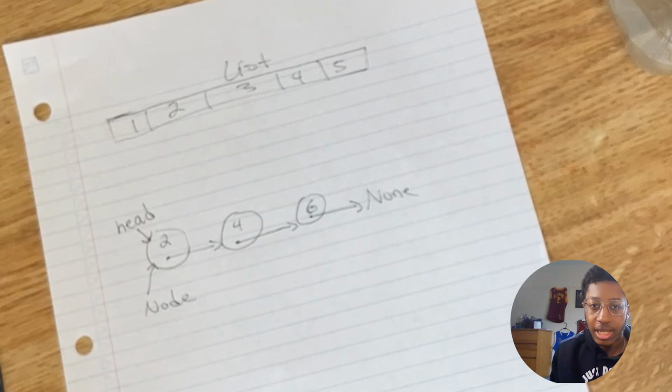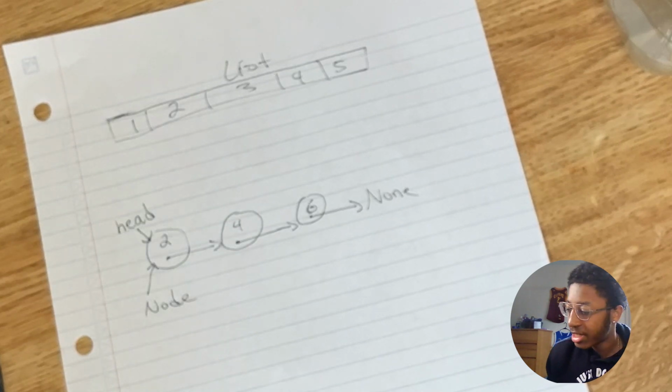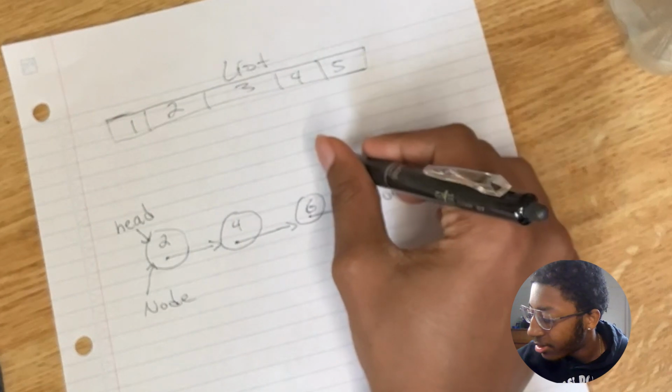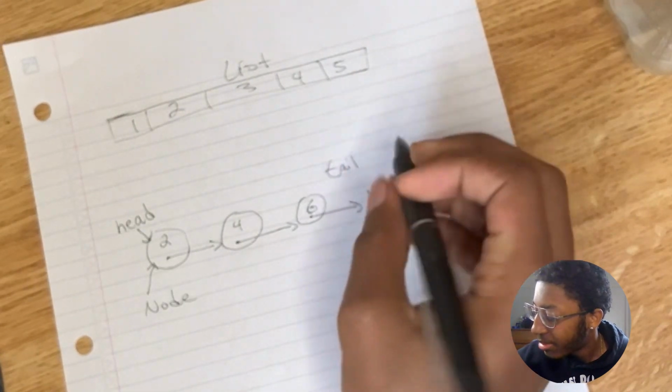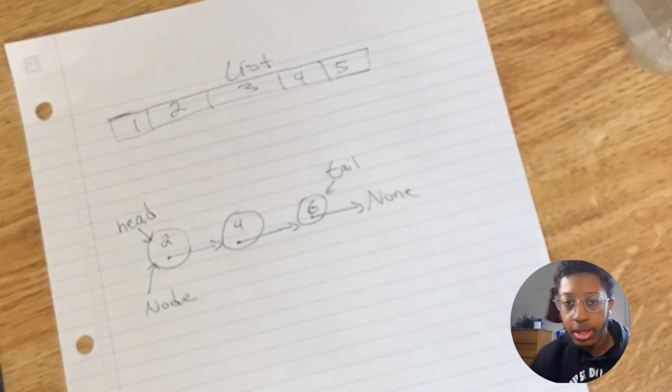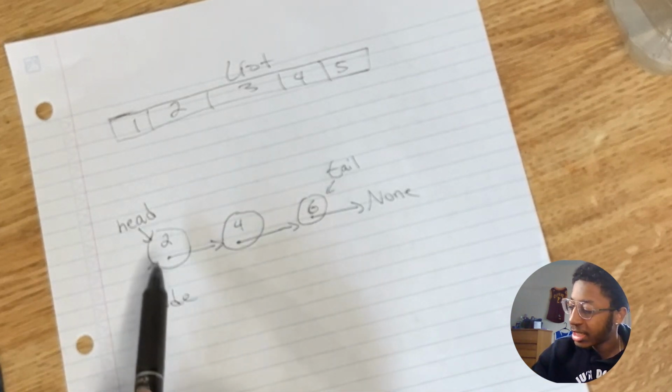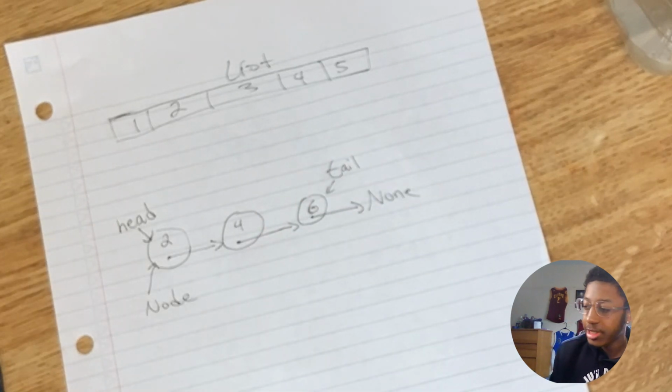So the first element in the list is the head, and this is really to make sure that we're keeping track of elements. And sometimes in a linked list, you may have a tail. So the last element in the list may be known as a tail. You may have that, you may not, you don't need it, but it's good for certain situations to know what the last element in the list is, okay? So this is what a linked list would look like in memory.